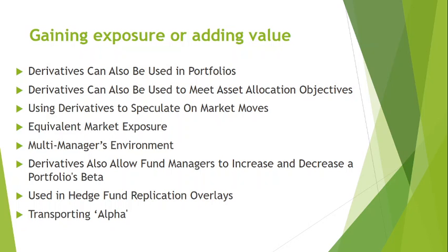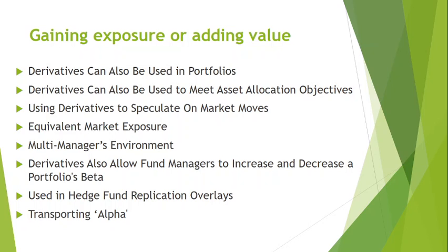Derivatives can also be used to meet asset allocation objectives rather than buying and selling physical securities to alter exposures. These can be accomplished through appropriate futures contracts at lower transaction costs.